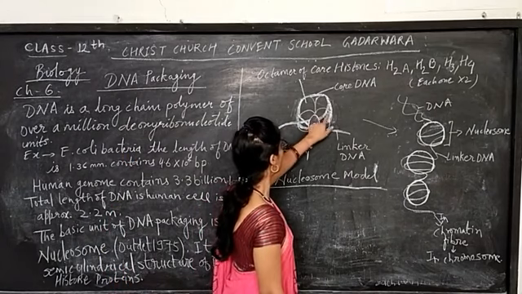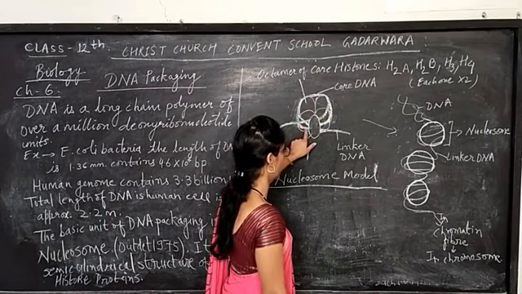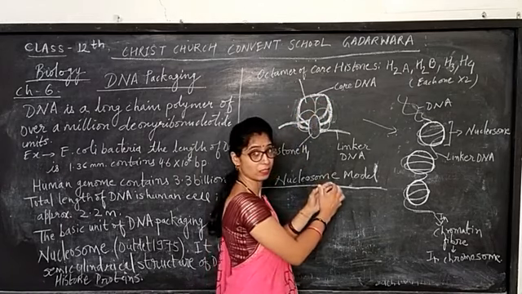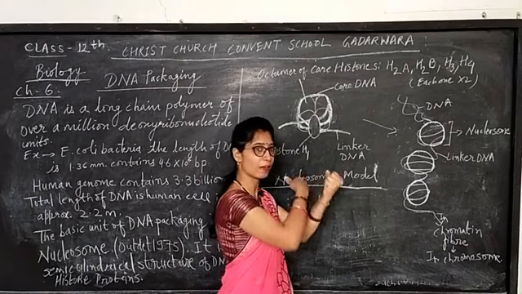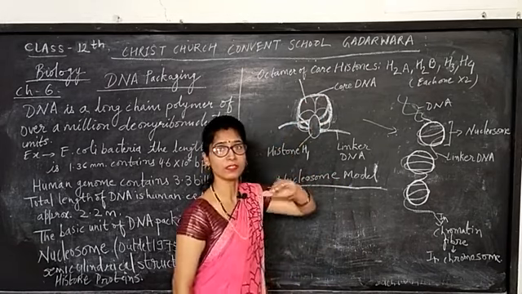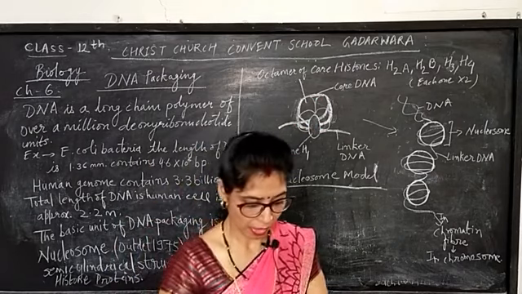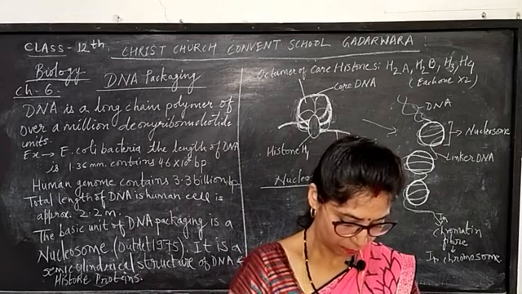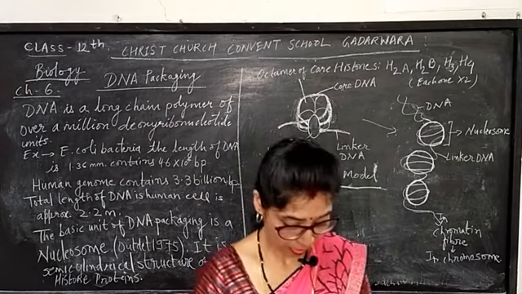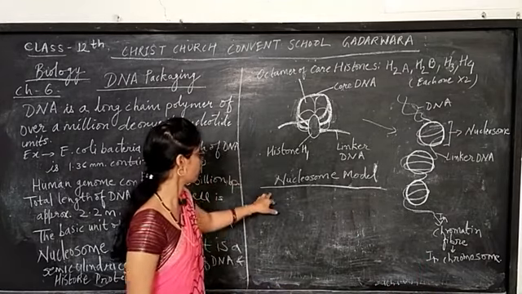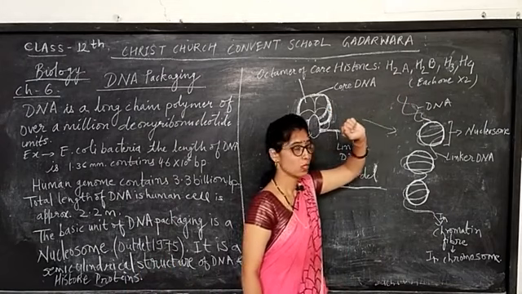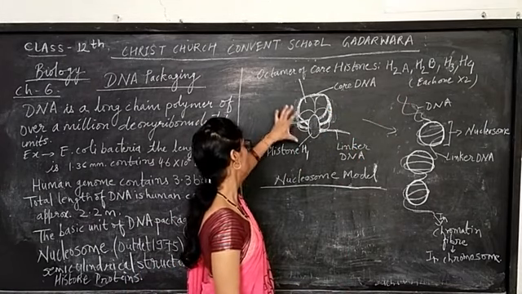So this is the DNA, and the histone proteins are tightly packed in the DNA, meaning the histone proteins are wrapped in the DNA. Histone proteins are positively charged, basic proteins of low molecular weight, and they are of 5 types: H1, H2A, H2B, H3, H4.